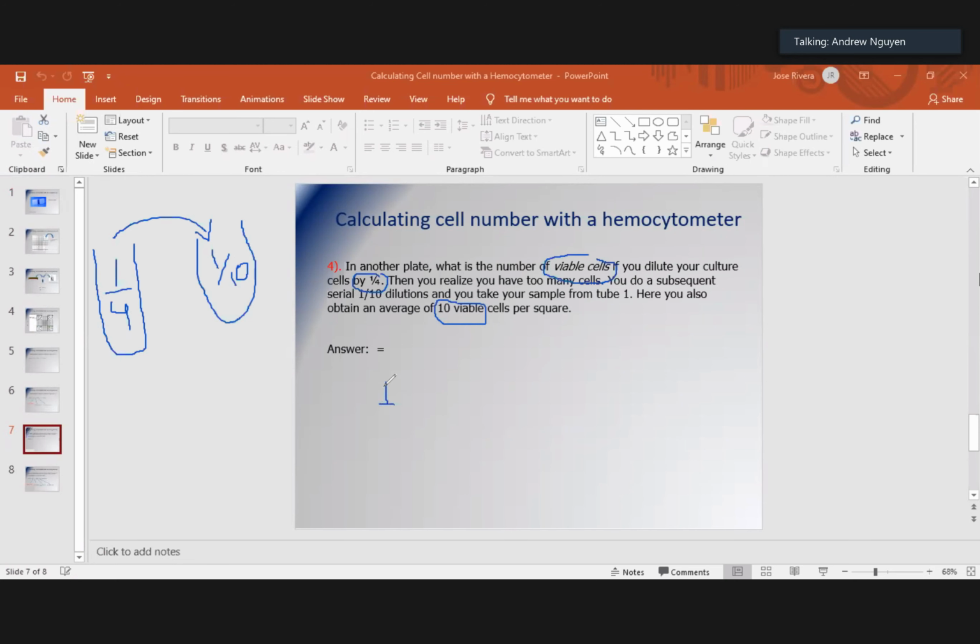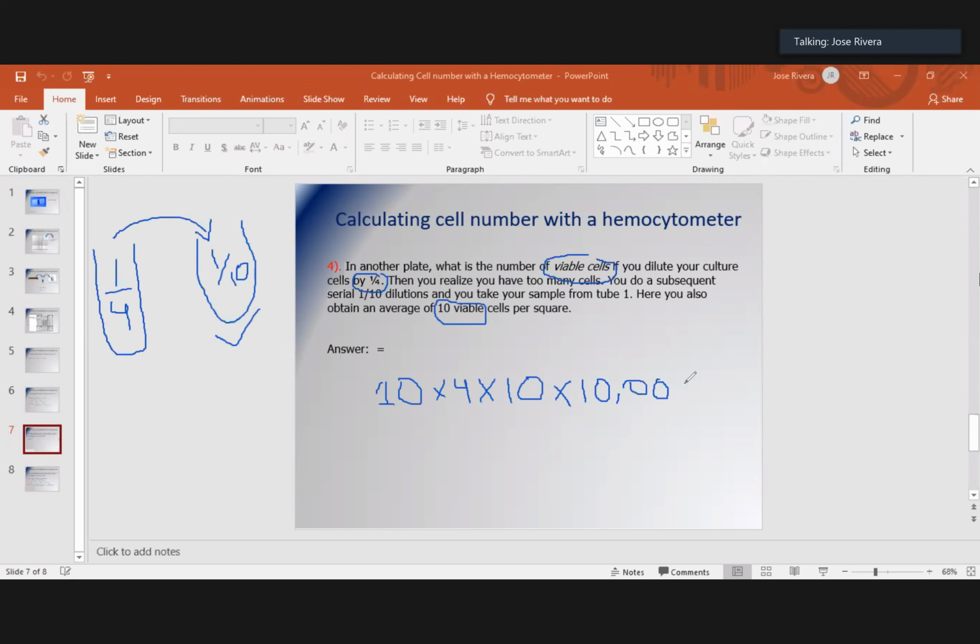And then you put 4 because it's the reciprocal of 1/4. So 10 times 4. Would you also put another 10 because it's a dilution of 1/10 also? Yes, you have to put the 10 because you diluted twice. Very good. And then after that, it's just the cell suspension, so 10,000. Correct. That's exactly how you do it.